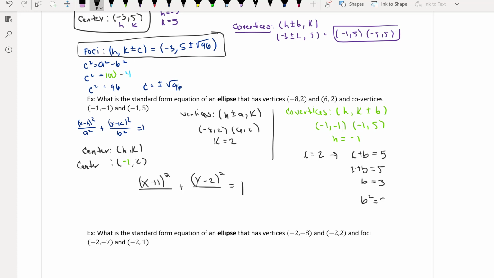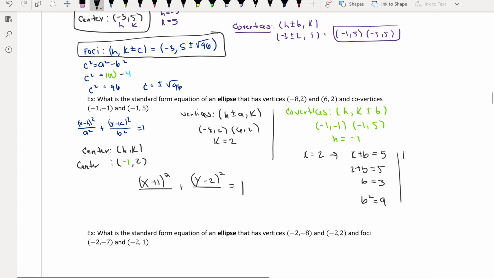And b squared is equal to 9. The reason I got that is because k plus b is equal to 5. I also have that k minus b is equal to a negative 1. So my k value being 2, minus my b value being 3, should give me back that negative 1. And it does.